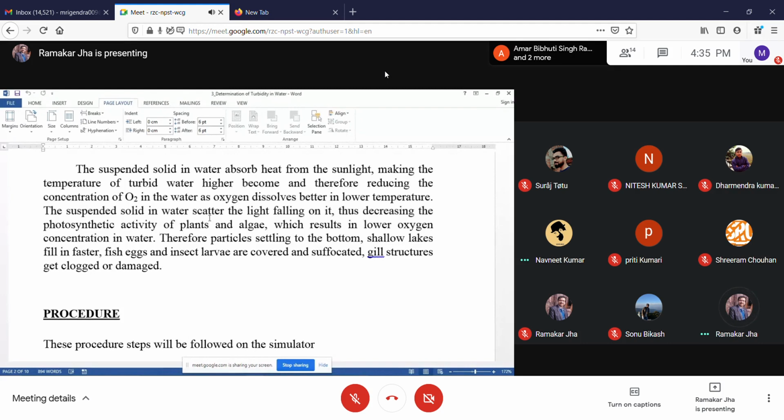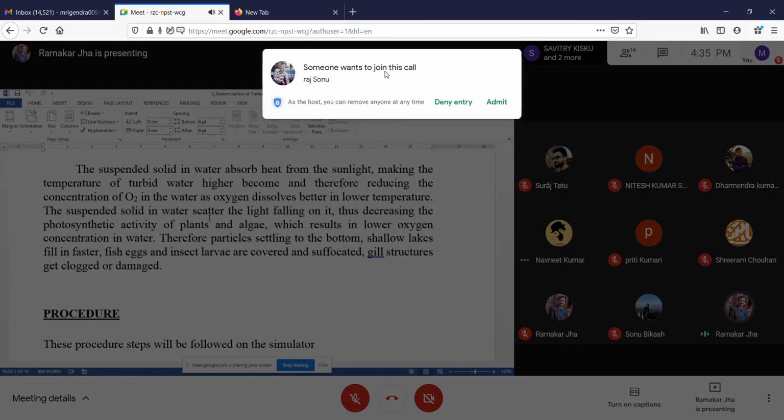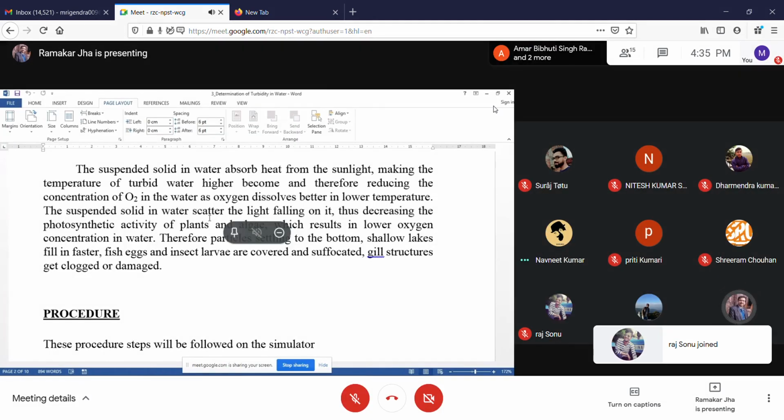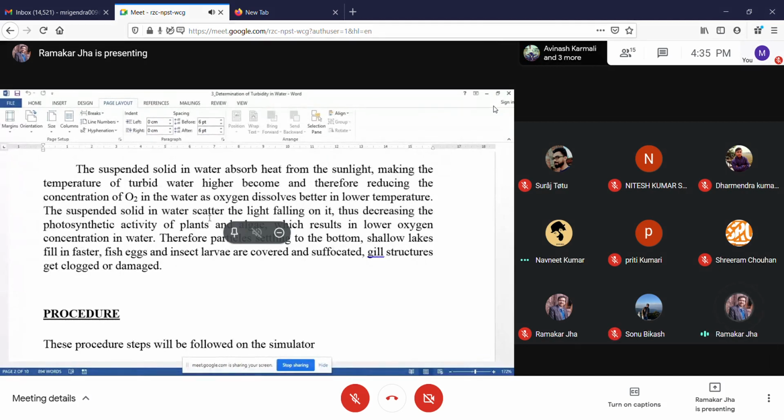One is the suspended solids receiving the heat, so it is reducing the dissolved oxygen. Second one is suspended solids reflect, scattering is there, so it will send back the light. So if the sunlight is not there for the plants, they will not be able to go for the photosynthesis process. So again, DO is reduced.